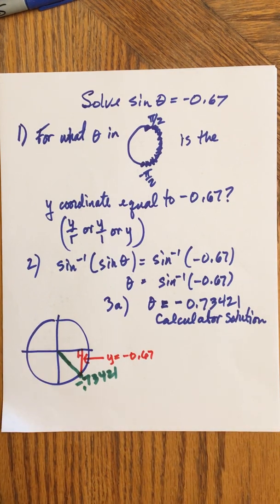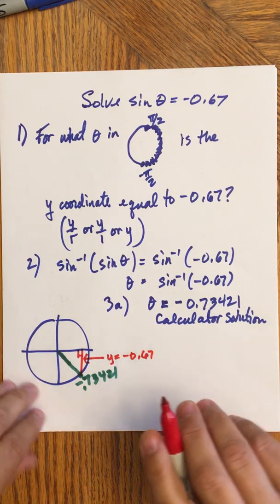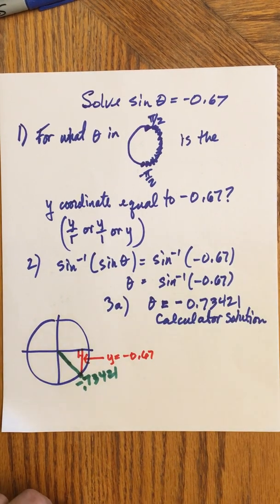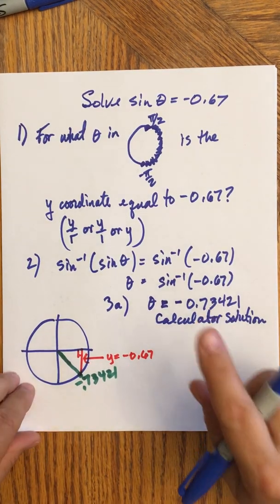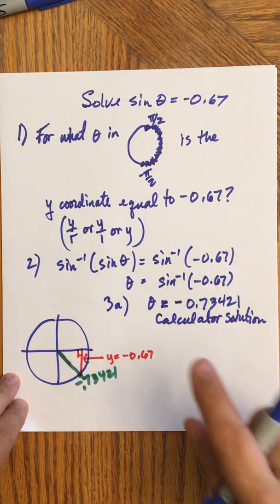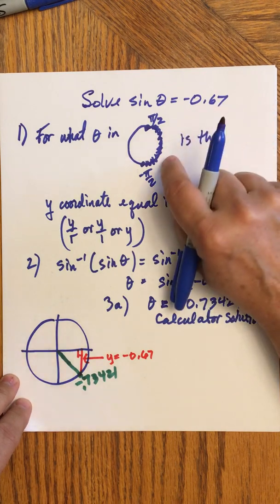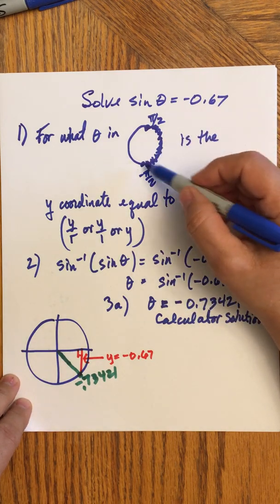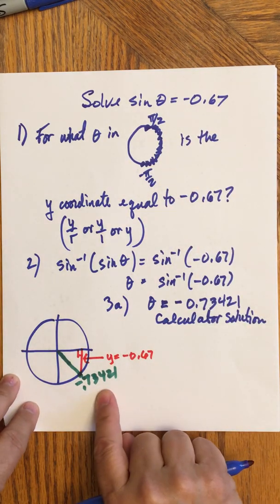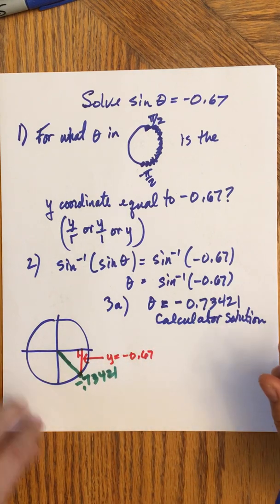Now, I need to ask, where else on the unit circle can I find an angle whose y-coordinate is negative 0.67? Because remember, the calculator was restricted to look in here, and it gave me this. But I want to know where else the y-coordinate is negative.